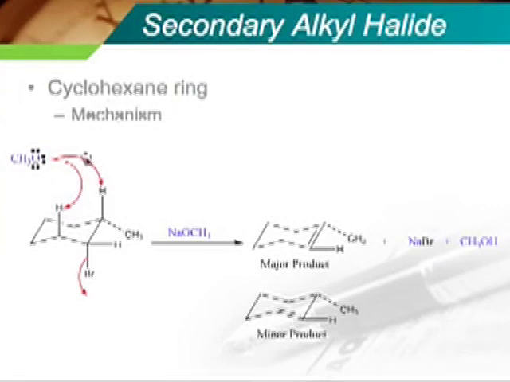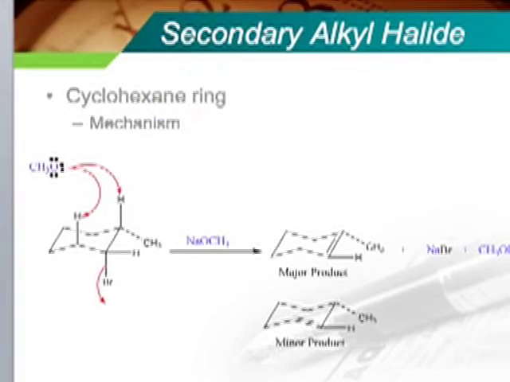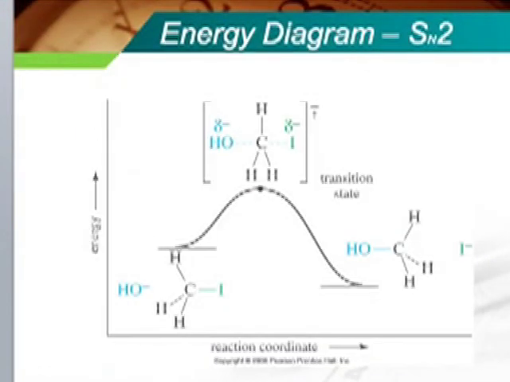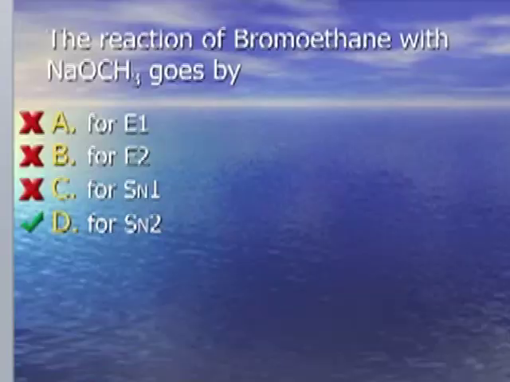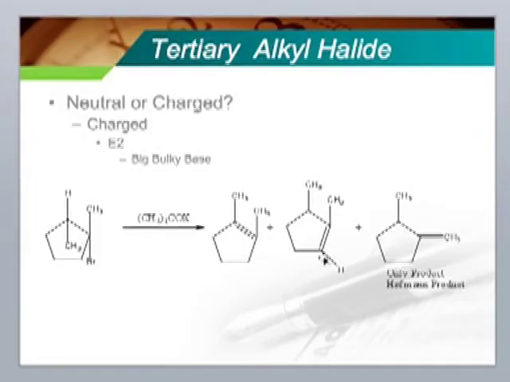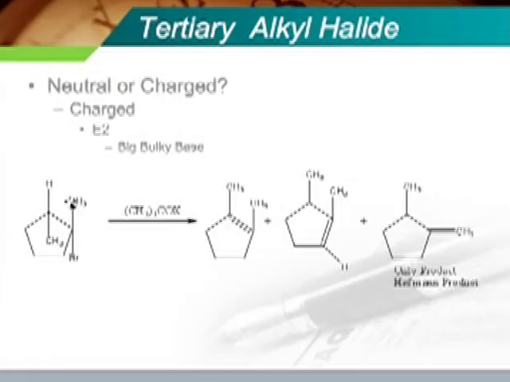We see a pair of electrons attack either of these 2 H's, which again are anti to my leaving group, giving us a mixture of 2 products. Now, the interesting thing is what happens when we use a big bulky base. Instead of getting our Zaitsev product, we're getting a Hofmann product instead. We're pulling the proton off the CH3. We're pulling the proton off here, forming an external double bond to my ring.